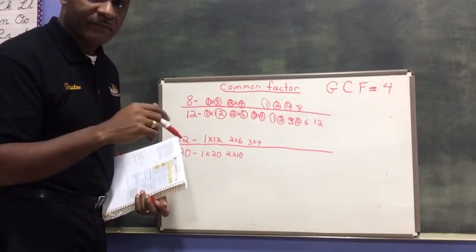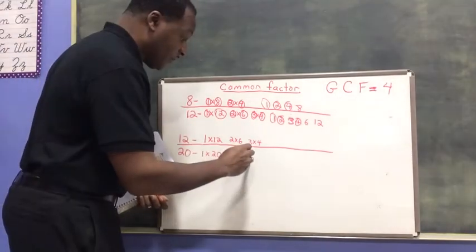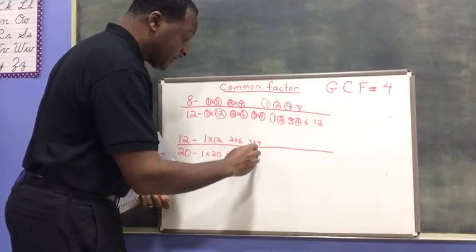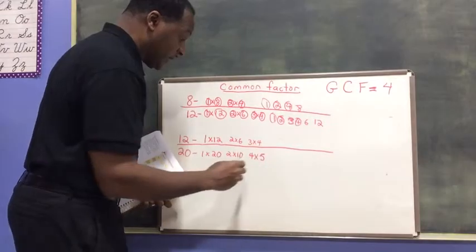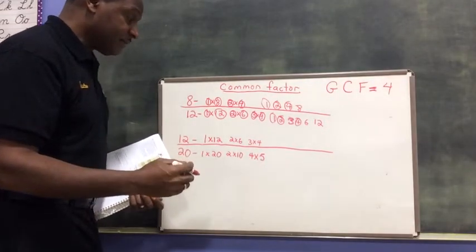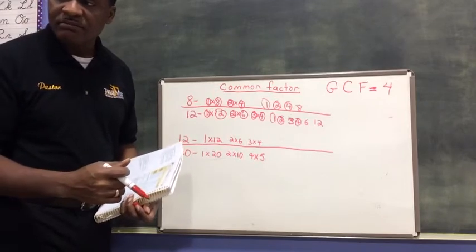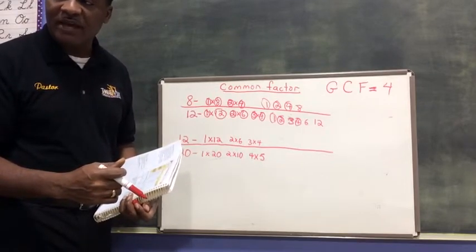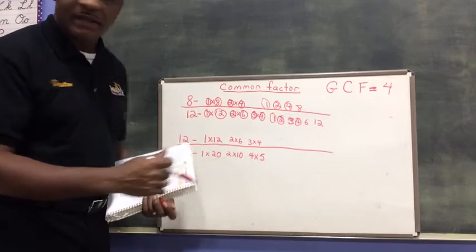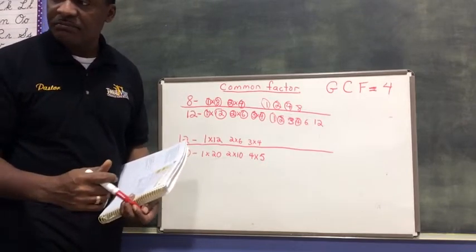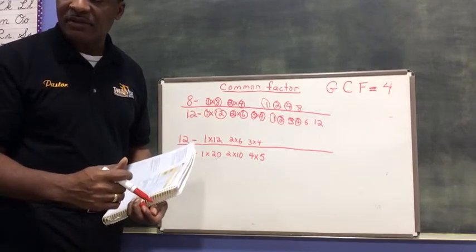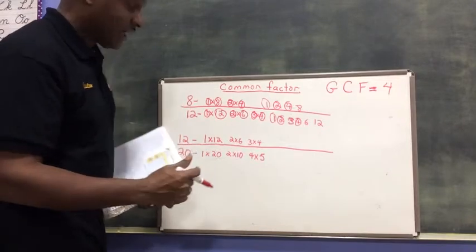Ray? 5 times 4 or 4 times 5, it doesn't really matter. 4 times 5 equals 20. And are there any others? I kind of doubt it, right? You still thinking? I doubt it.